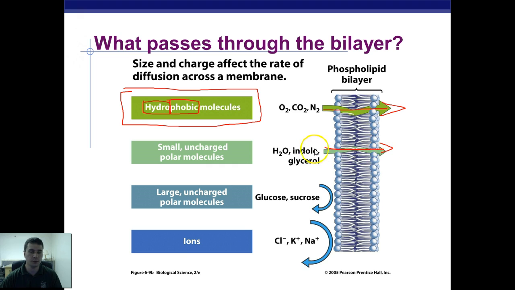Those will also move right through without any problems. But large uncharged particles as well as polar molecules, that's going to start having trouble. And some of the ions, some of those don't really pass through very well because of their charge. So they need a little bit of help to cross the actual membrane.